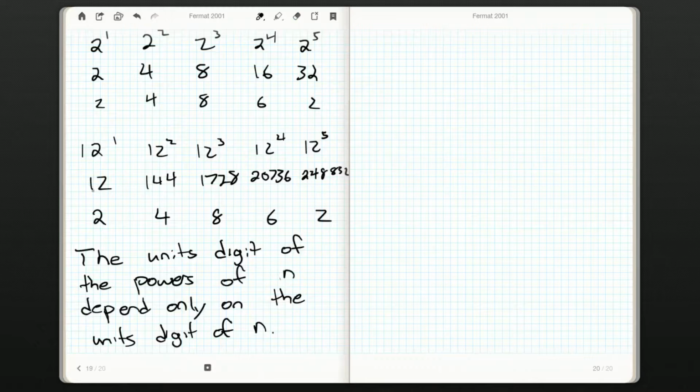The tens digit relies on the tens digit and the units digit, but does not get impacted by the hundreds digit, for example. So the units digit only matters in terms of the powers of N.